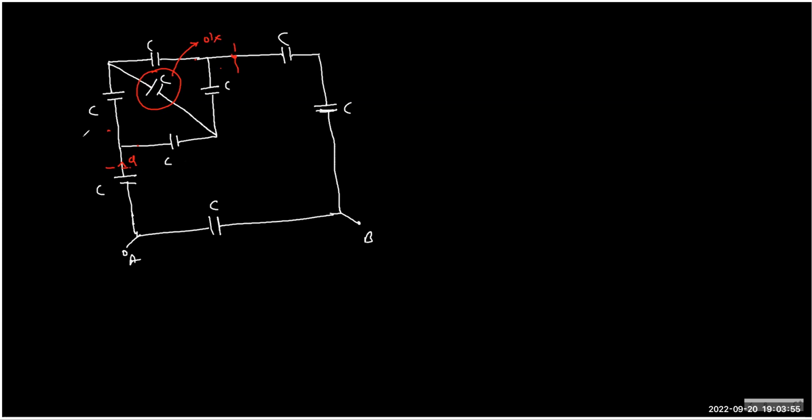Because the interaction of this entire thing is happening in isolation with the rest of the circuit. So we can throw it out, and therefore the rest is simple enough to carry out the calculation. That's why I say it will always come in disguise.